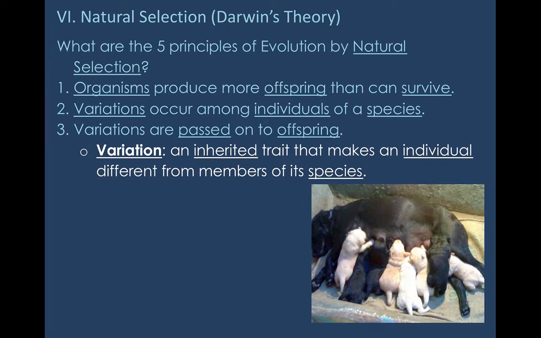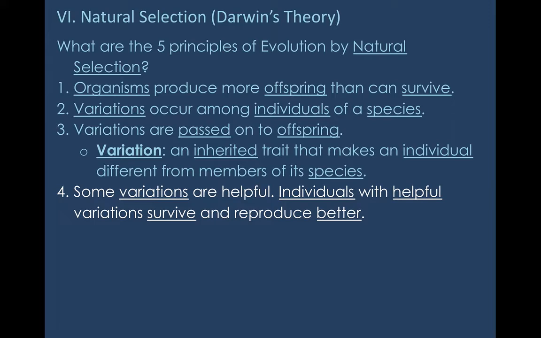All right, so some of those variations are going to be helpful. By helpful, we mean that they are able to survive better in their environment. So those individuals with the helpful variations are going to be more likely to survive and more likely to reproduce.